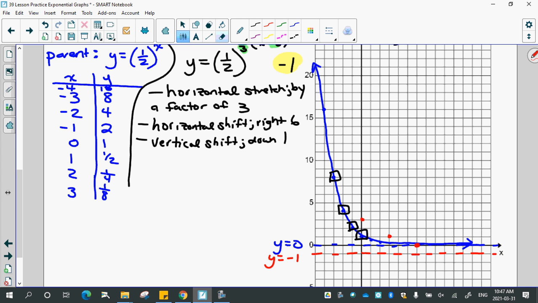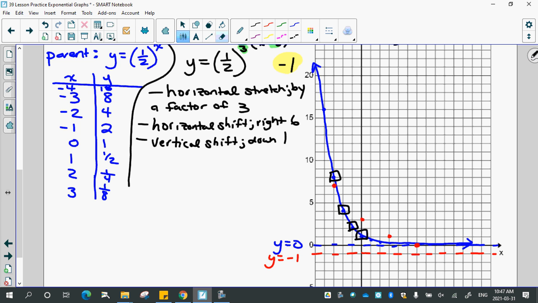No, what am I doing? That is right, isn't it? So you triple this, so you're at negative 9. You come back 6, you're at negative 3 still, but down 1, so you'd be right there. So those are the easier ones to do.